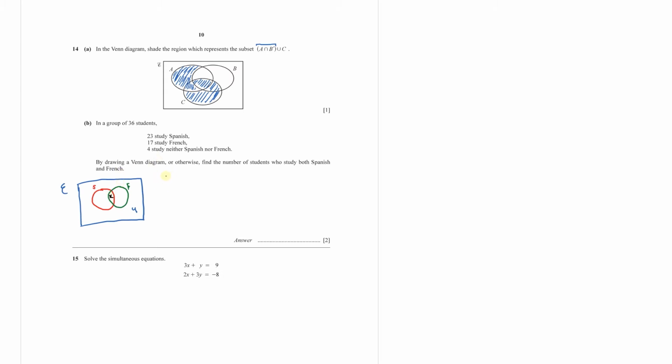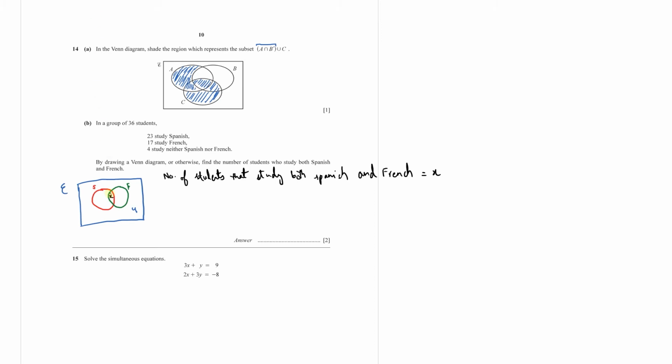So the number of students that study both Spanish and French equals X, represented by the intersection of these two sets here.